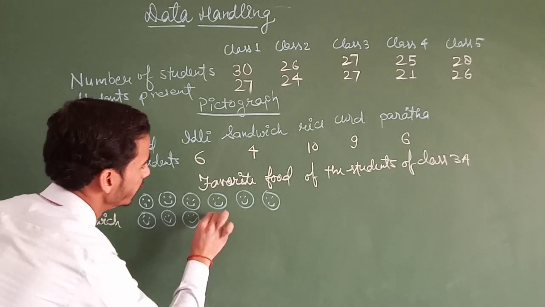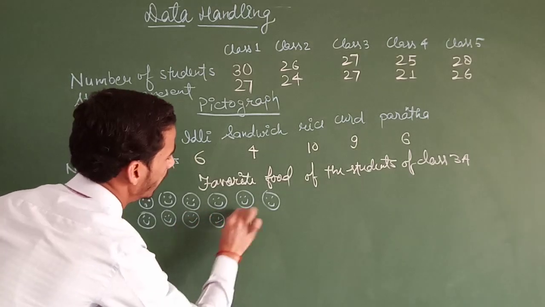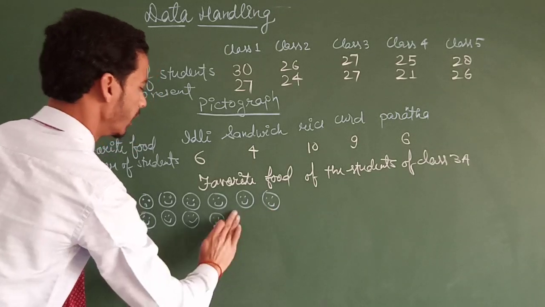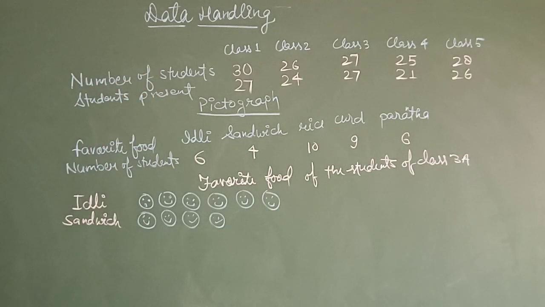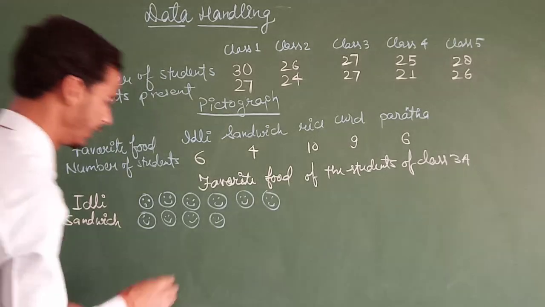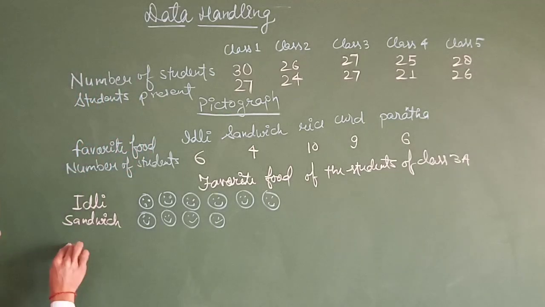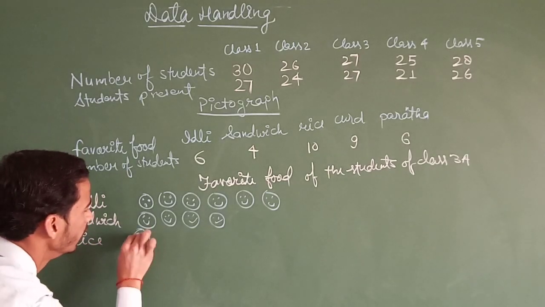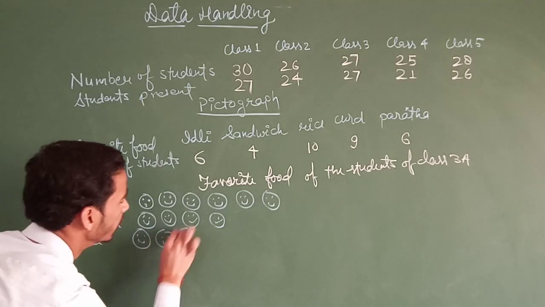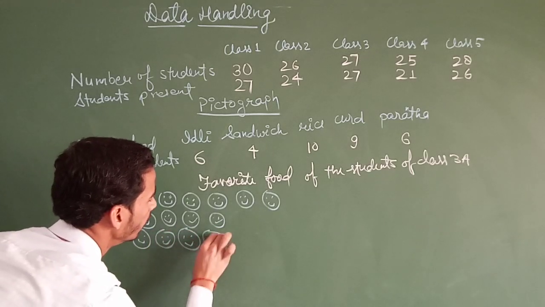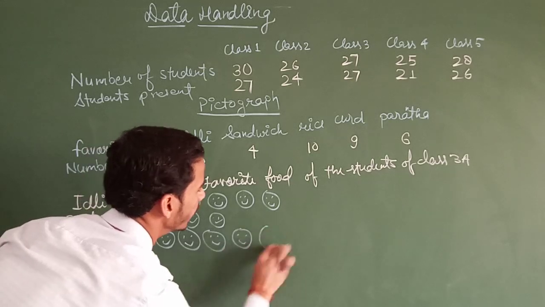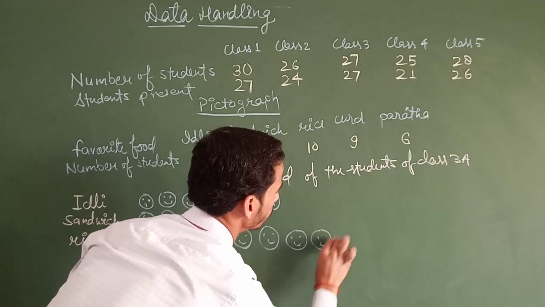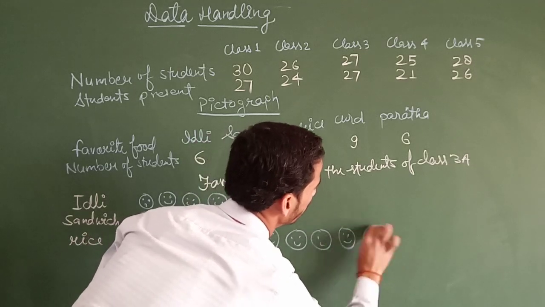And in rice there are 10 students. 1 2 3 4 5 6 7 8 9 10.